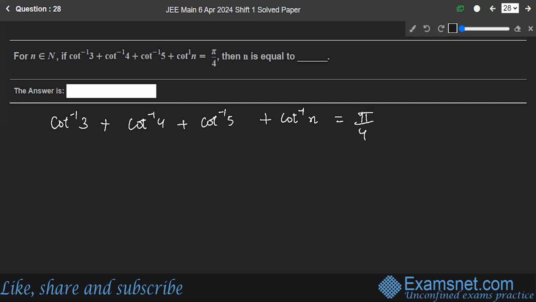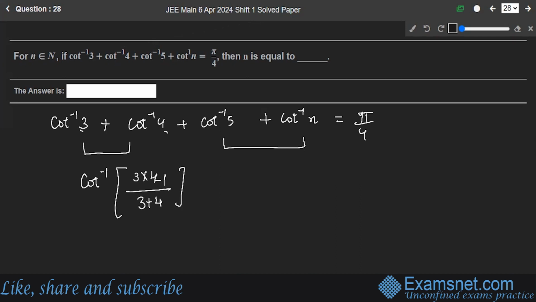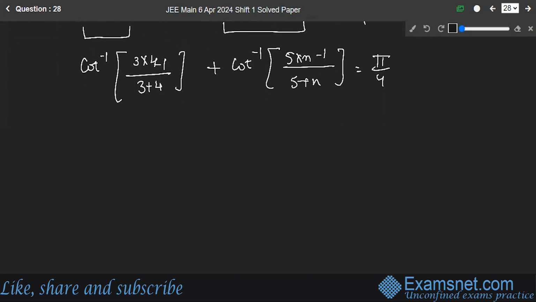So let's add them. First of all, I'm picking up the pairs, these two pairs. This will be equal to cot inverse (a into b minus 1) upon (a plus b), if this is a and b. This will give me plus cotangent inverse (a into b minus 1) upon (a plus b), right? This is equal to pi by 4.